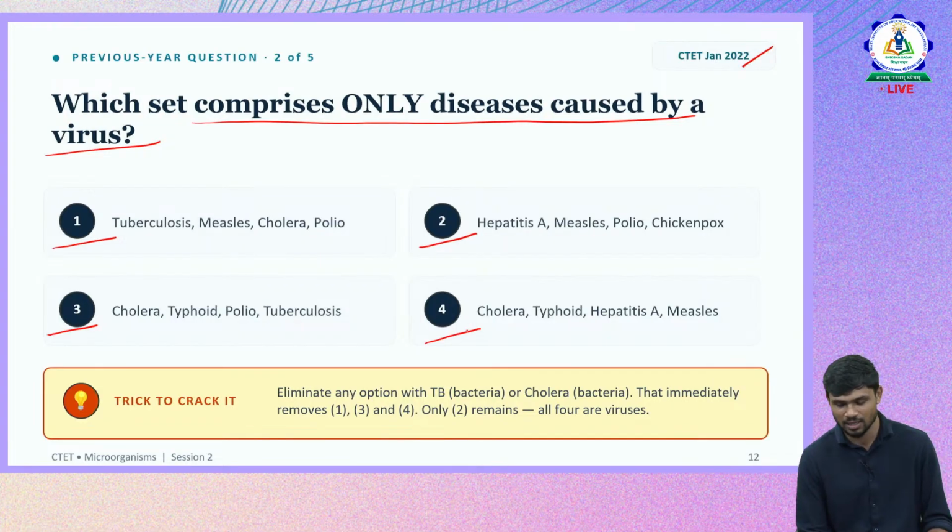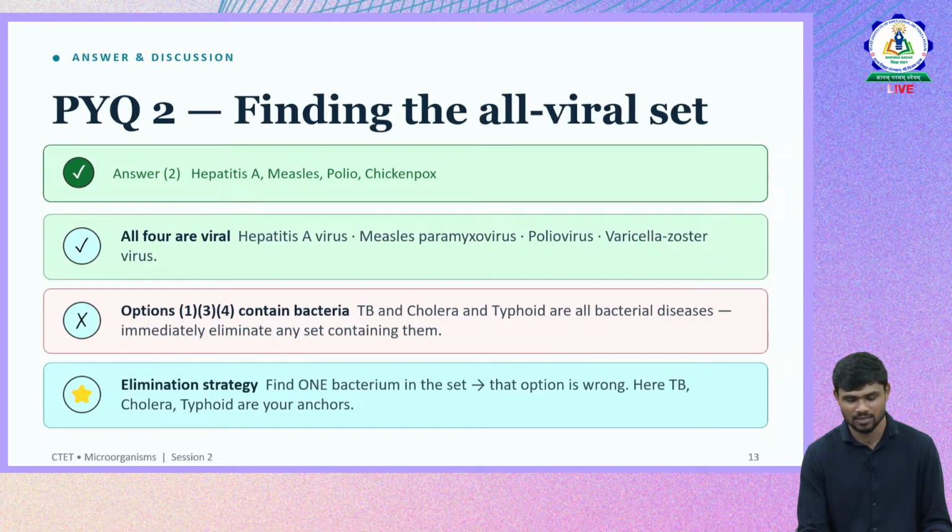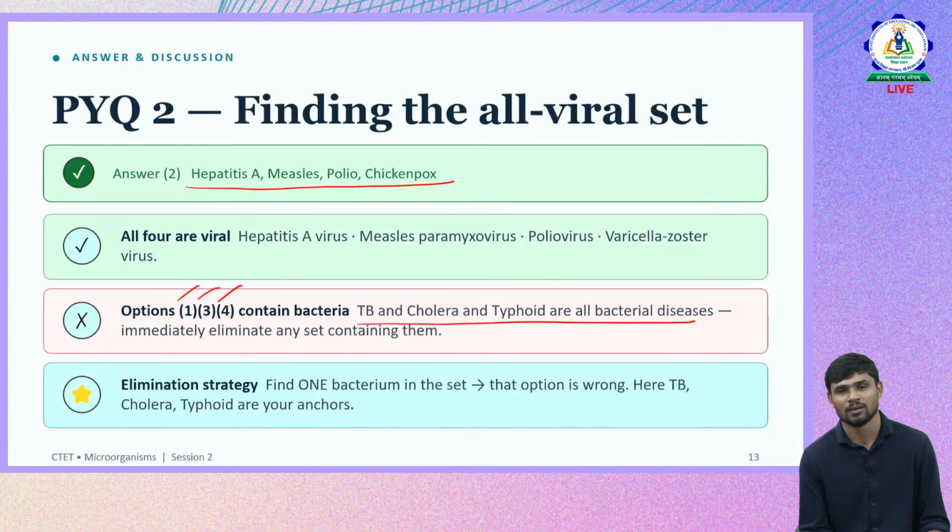Cholera and typhoid, we discussed, are bacterial diseases caused by contamination of food and water. So wherever cholera is there, you can eliminate it. The second option, hepatitis A, measles, polio, chickenpox, are all caused by viruses. The rest are different; options 1, 3 and 4 have diseases that are caused by bacteria.